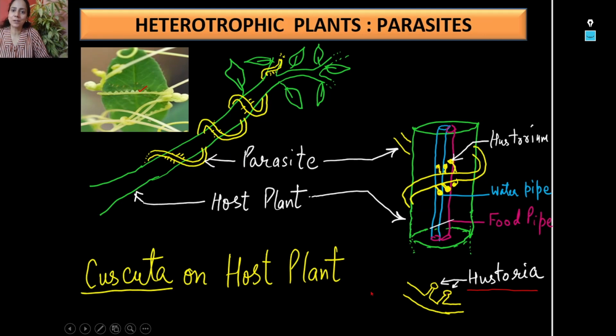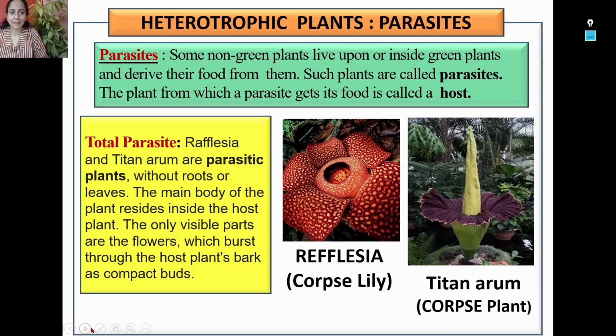Now two more interesting examples of total parasites, and I must say, they are amazing. You don't believe? Then see. Rafflesia is the largest flower of the plant kingdom.